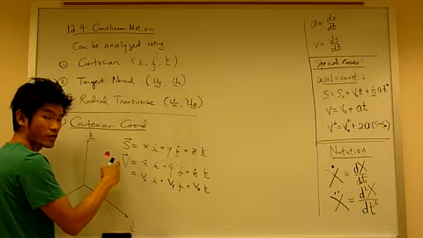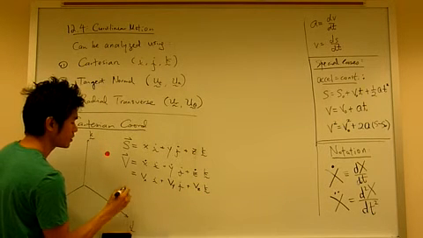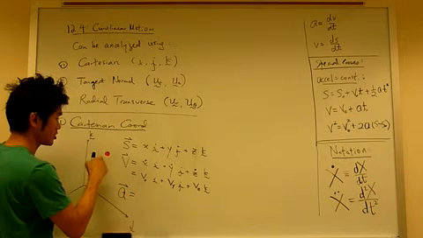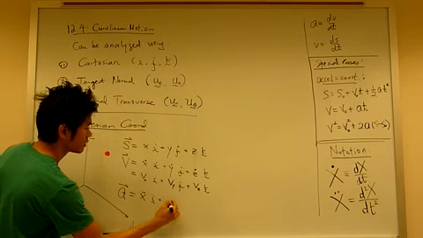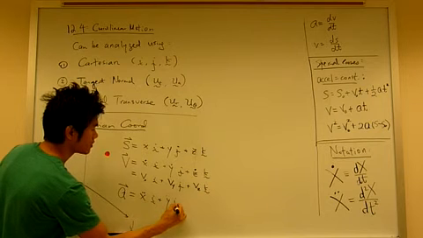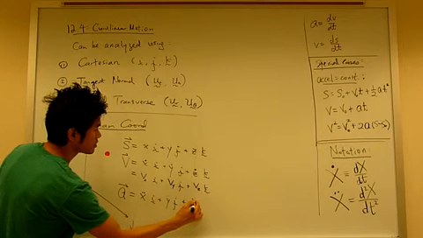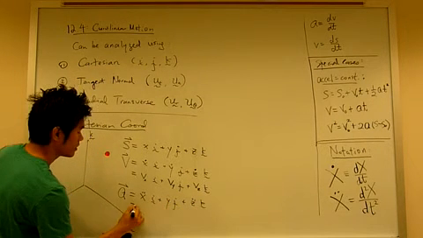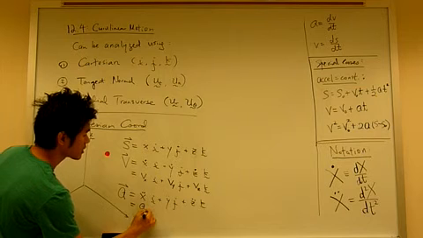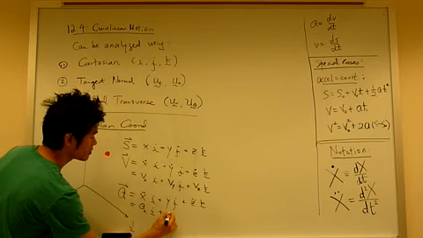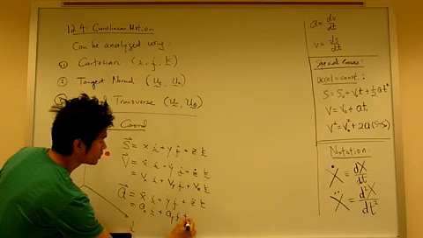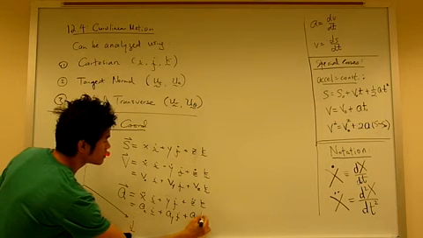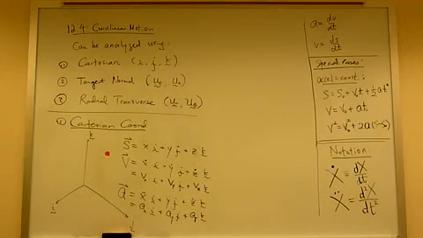Take the derivative one more time and you get the acceleration of this particle, which is x double dot i plus y double dot j plus z double dot k. And x double dot is exactly the x component of acceleration, y double dot is the y component of acceleration, and z double dot is the z component of acceleration.